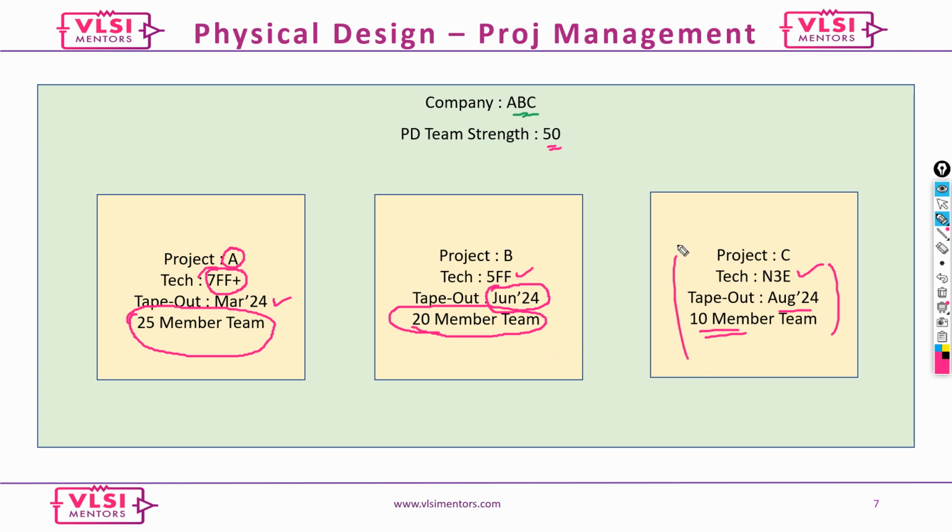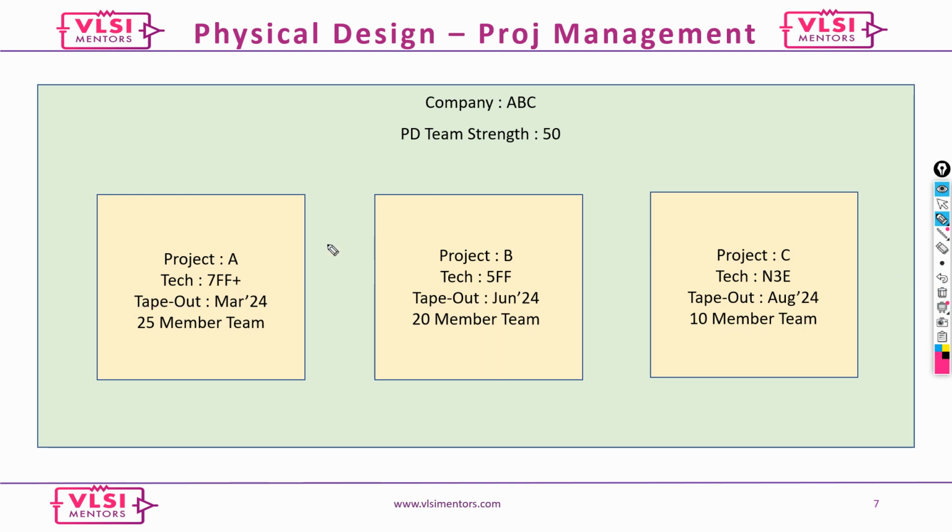Now, what it means is all these projects would be executed and need to be taped out on schedule. How are they going to plan the whole team, so that the first priority is this, the second priority is this, and the third priority is this?